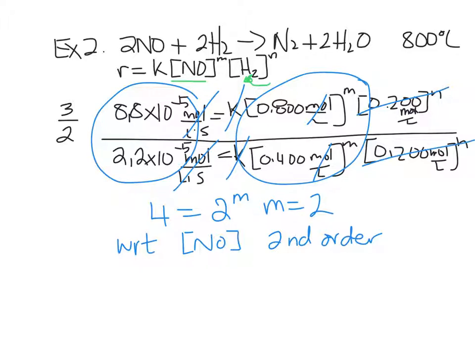Okay, so now we've got to figure out what the order of reaction is with respect to H2. So we're going to repeat this, but for the two trials where nitrogen monoxide is constant. If we look at our table of given data, nitrogen monoxide concentration was kept constant in runs 2 and 1.